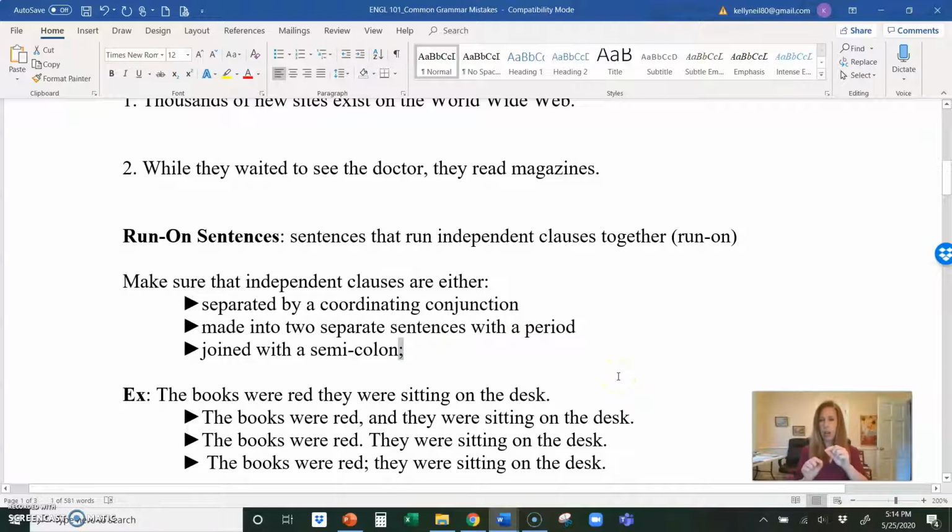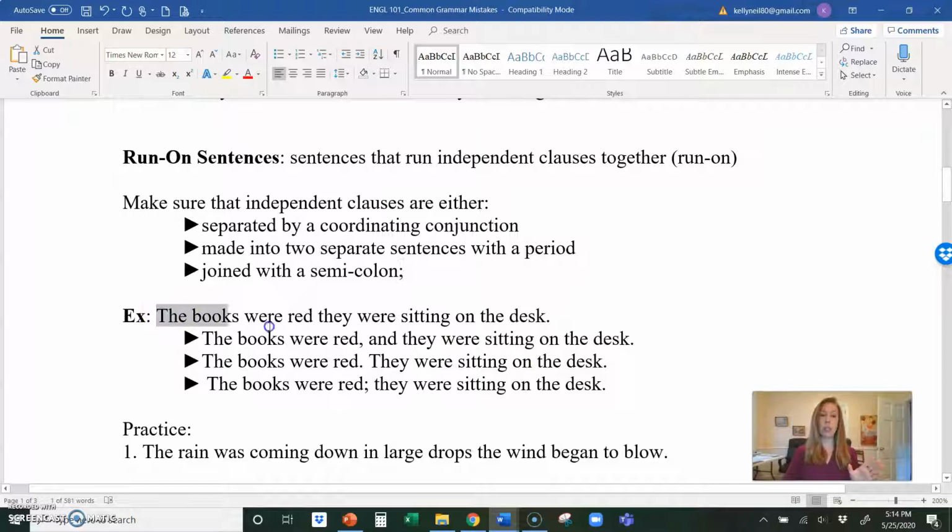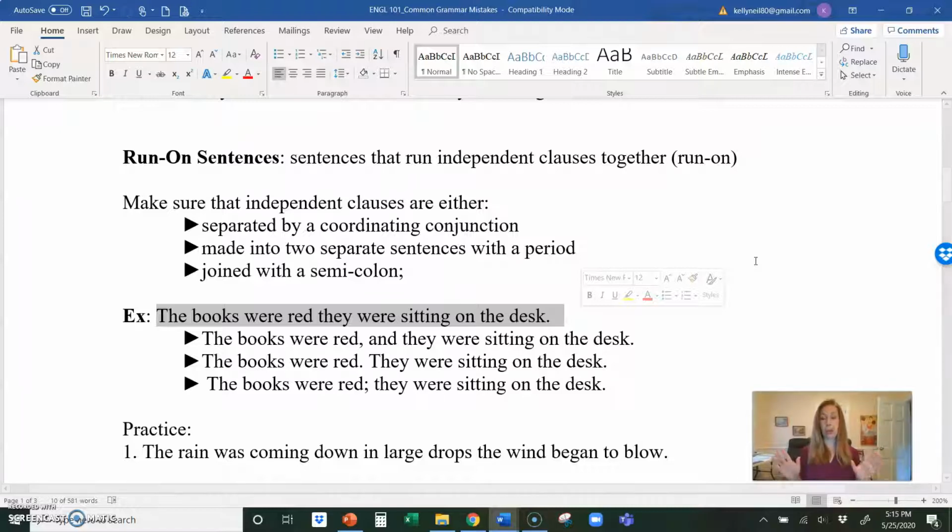It's like the period above the comma, right? So if I have a run-on sentence right here, the books were read, that's one complete thought. They were sitting on the desk. That's a second complete thought. I need to separate those two complete thoughts in some way. Otherwise, I have a run-on, and that's a problem.